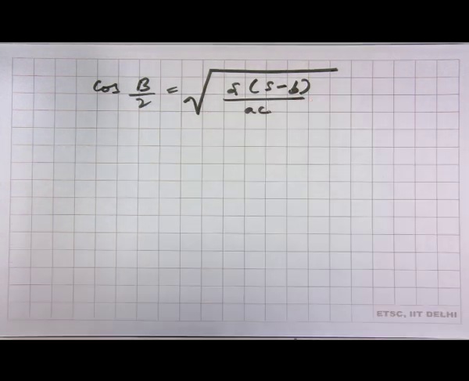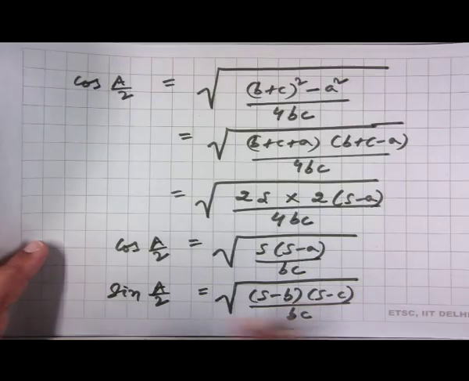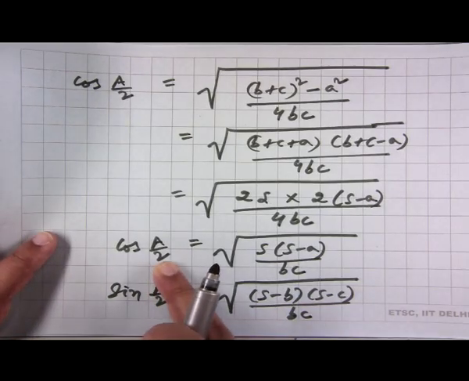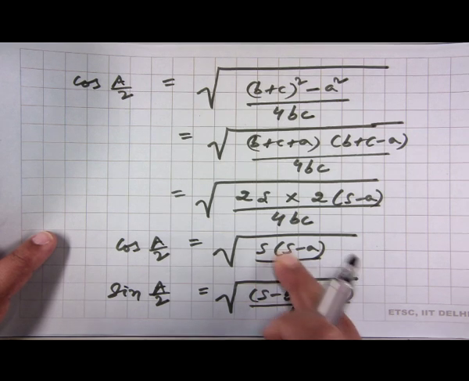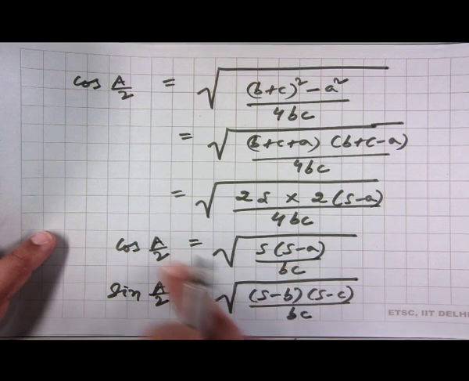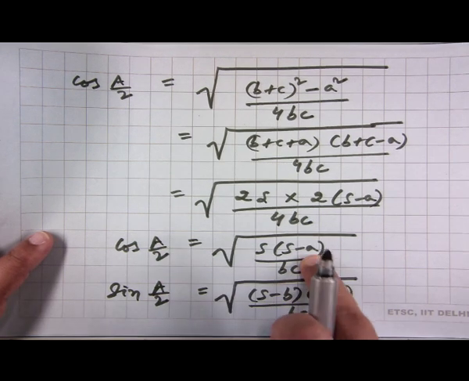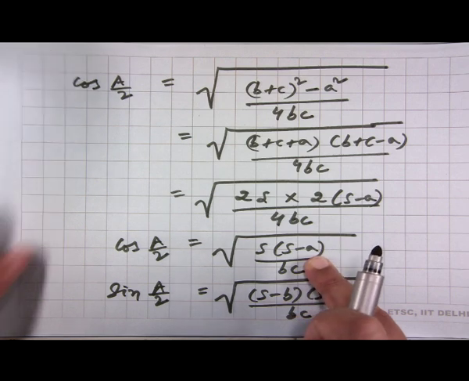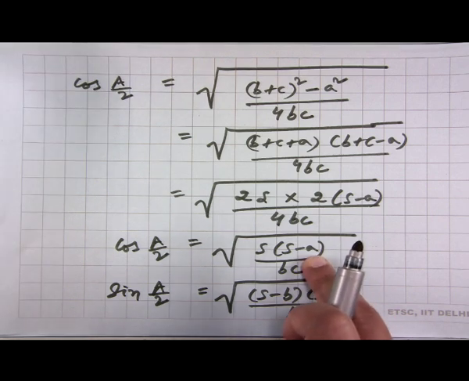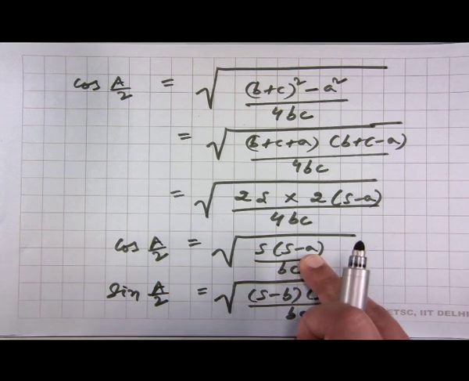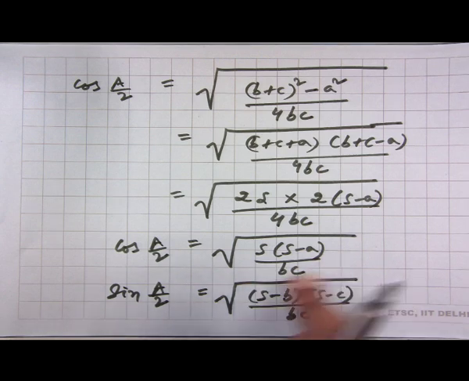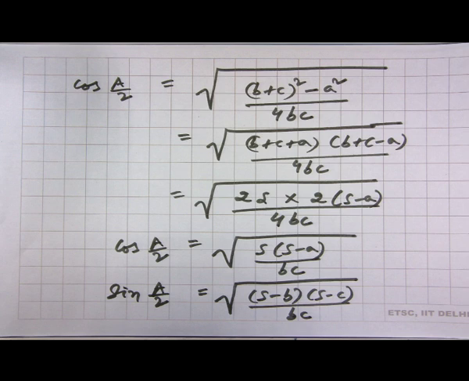So, even here there is a little bit of a pattern: for the half angle the expression is usually of this form. It is S times S minus, if the angle is A, then we have to put the length of the side opposite to the angle A. So, that length is small a, divided by the product of the lengths of the other two sides.